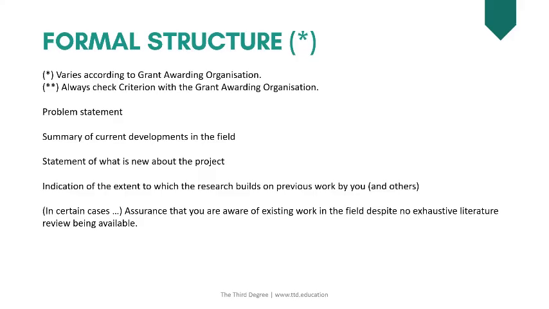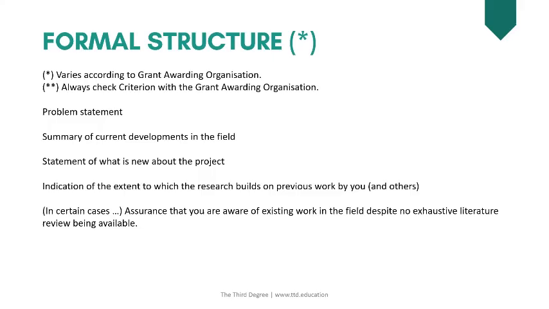An indication of the extent to which the research builds on previous work by you and others. Now, if it builds on previous work by you, that is your track record. That actually means, oh, this person, if this research is ideal, this person is ideal. If it's by others, you're taking advantage of what other people have got in there.